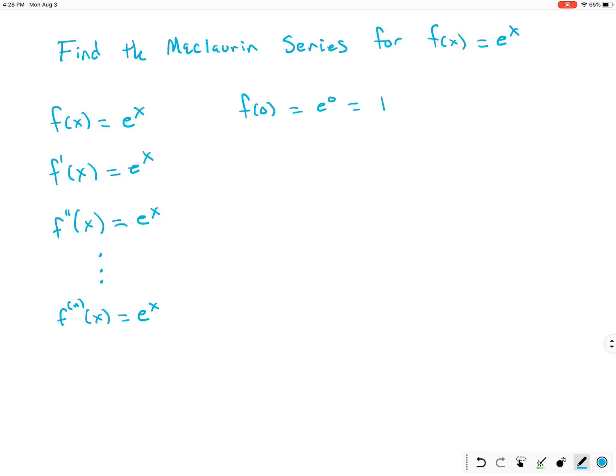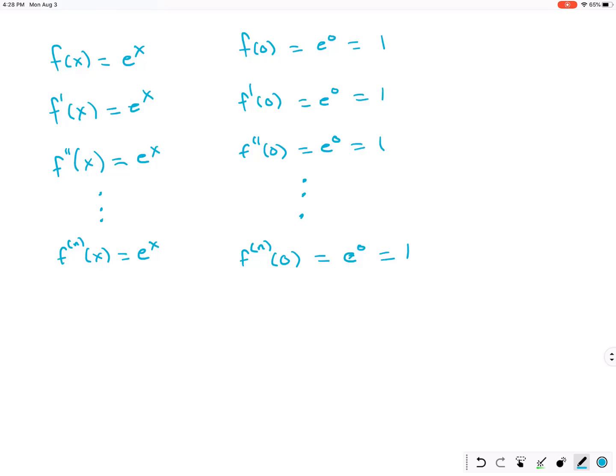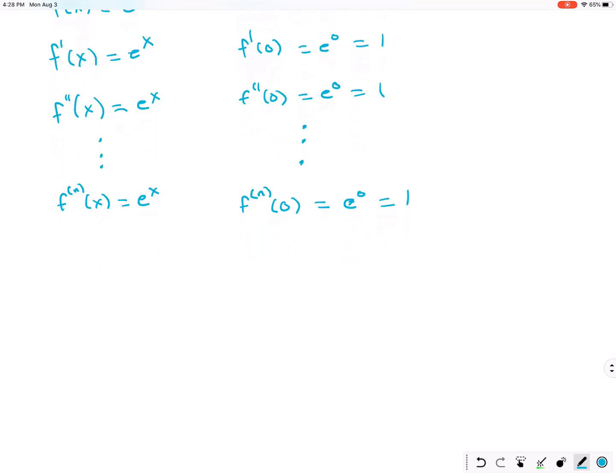So if we evaluate these all at 0, we get e to the 0, and so that's 1. Then the first derivative evaluated at 0 is e to the 0, and that's 1. And the second derivative evaluated at 0 is e to the 0, so that's 1. And so we go all the way down to the nth derivative evaluated at 0 is e to the 0, and that's 1.